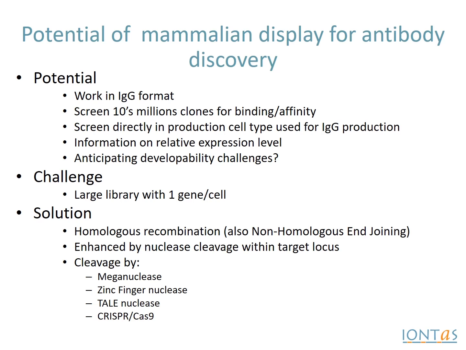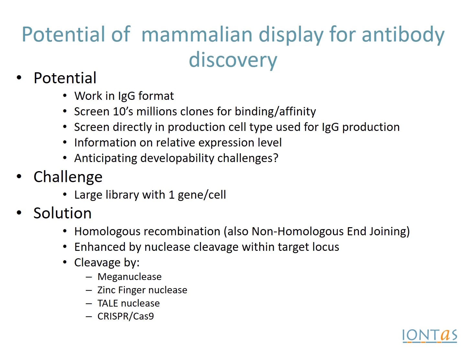About 20 or 25 years ago, people showed that if you carry out homologous recombination but initially cleave the genome at the site that you're driving this homologous recombination, that you massively increase the efficiency of that process by about 40,000 fold. And in that initial study, people had pre-inserted a meganuclease site into the genome.